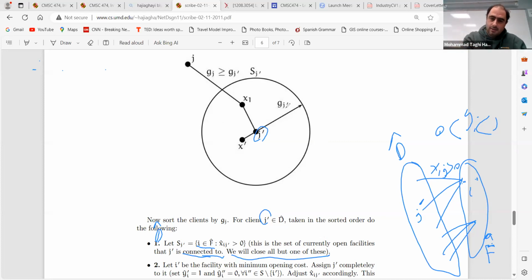So among these guys, this is the Gj prime. Let I prime be the facility with the minimum opening cost. Actually, I want to change this one.